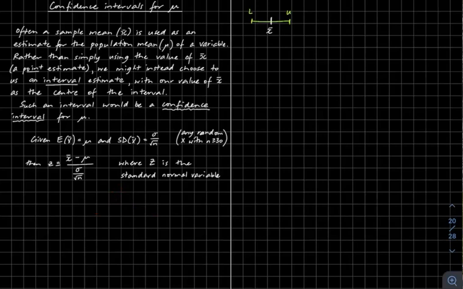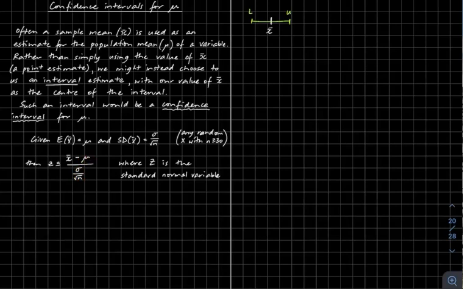Well, let's convert it to a standard normal distribution where, remember, the center or the mean is 0 and our values are standard deviations. So this is our rule here, or our result, for turning a value of a normal variable into a value of the standard normal variable. And we're going to do it where that's the mean and that's the standard deviation.